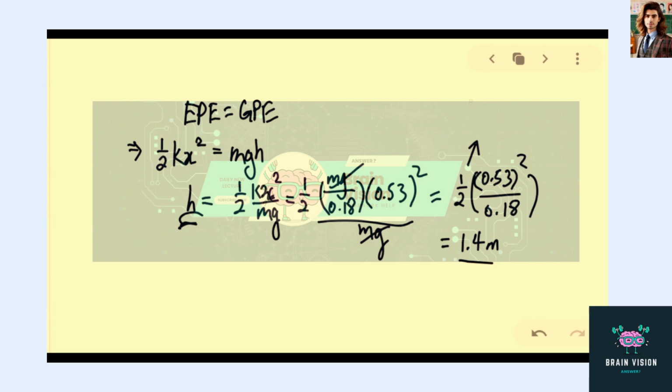It just depends on the compression of the spring, as well as the initial compression when there's no external force. So it doesn't depend on g, and so the height that you will get is the same value.